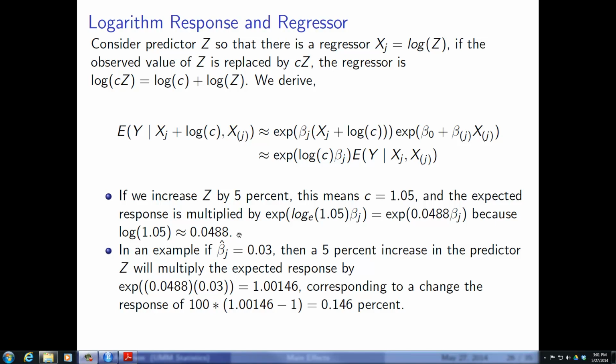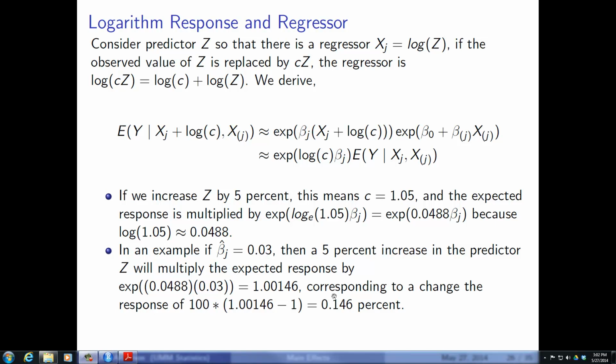And the log of 1.05, when we're doing base e, is 0.0488. So, for example, if you had a beta hat j which was 0.03, and you increased the z predictor by 5%, this expression right in here would be e to the 0.0488 times the 0.03 beta value, and you'd come up with a 1.00146 multiple for the previous mean function back at the original z.